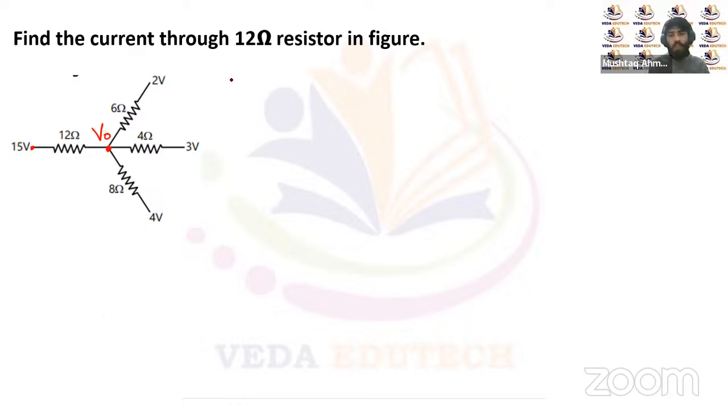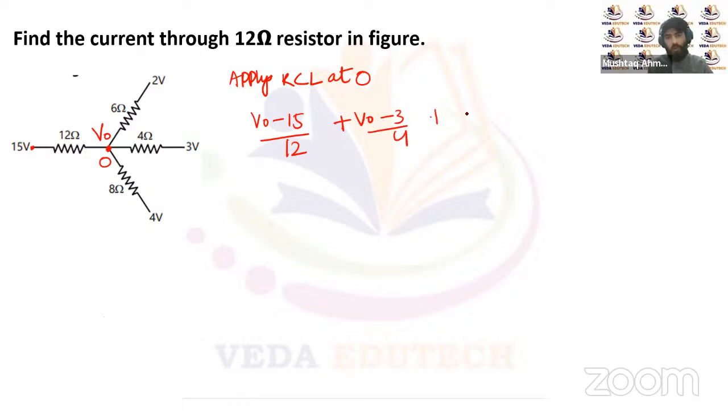So what we'll do is apply KCL at this point O. If we apply KCL at this point O, it will be (V naught minus 15) over 12, plus (V naught minus 3) over 4, plus (V naught minus 2) over 6, plus (V naught minus 4) over 8. That has to be equal to 0. So this is the KCL at this junction O.